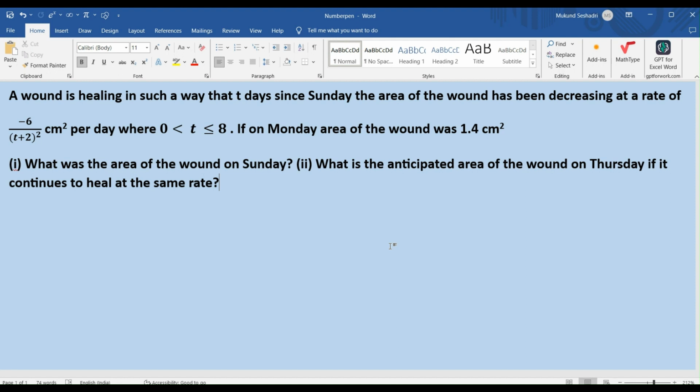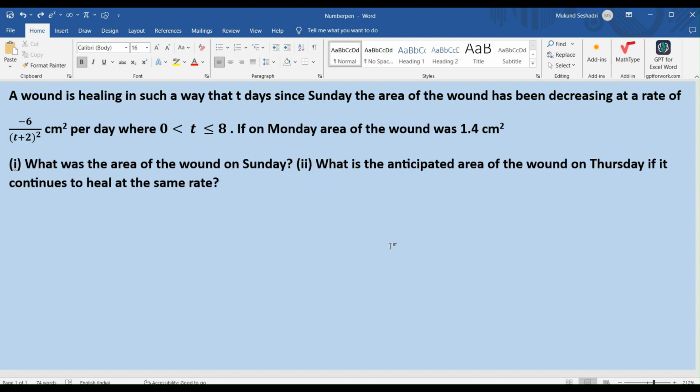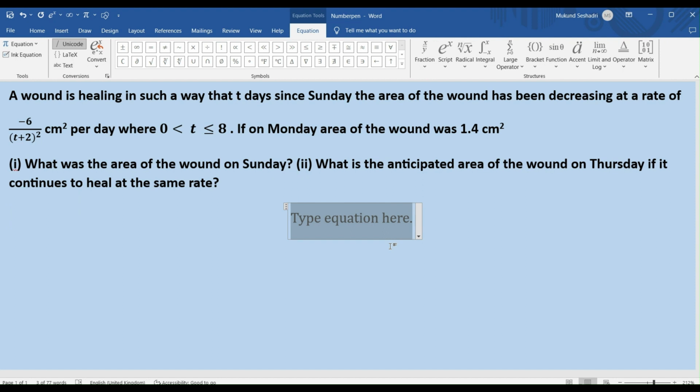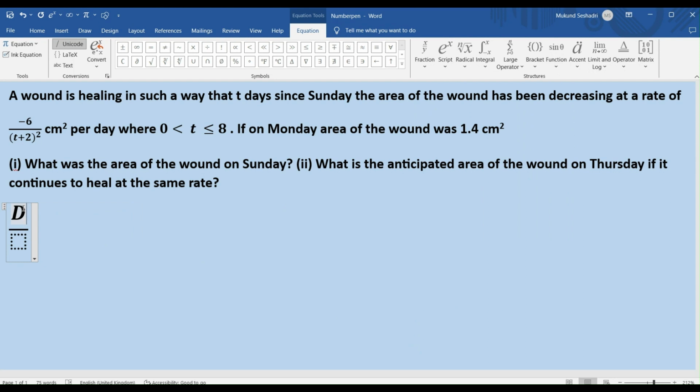So what we've been given is a wound healing at a particular rate, and we've been given the rate of change of area. Let's call the area A, and what we've been given is dA by dt, which is the rate of change of area with respect to time.